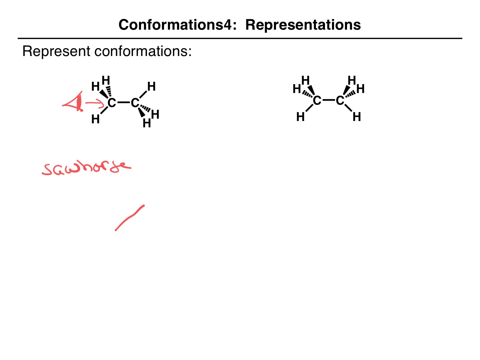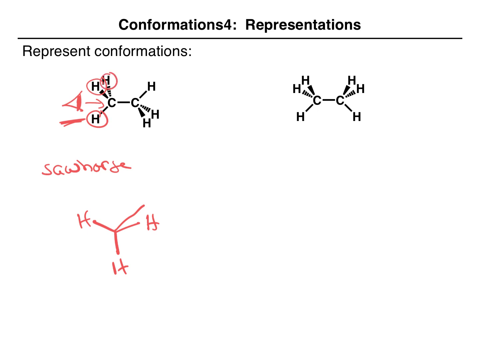The front carbon, when we're looking at it from this perspective, there is a hydrogen going straight down. That would be this one. And then we have one that is up and to the right. That would be this one. And then one that is up and to the left. That is this one.